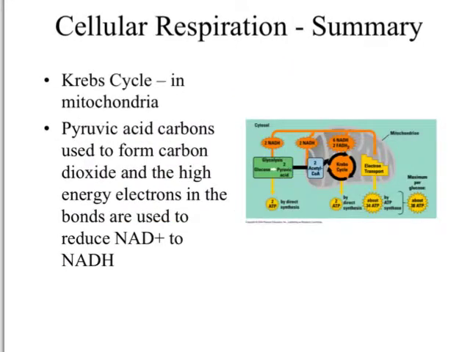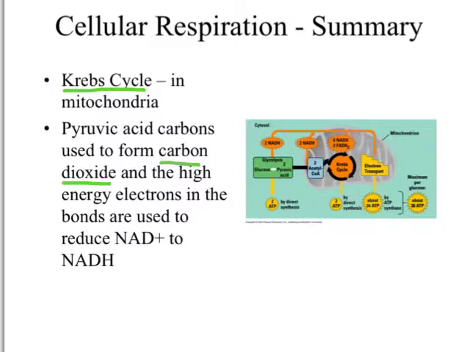Next, each pyruvic acid molecule gets into the mitochondria, where it's going to get dressed up to go into the Krebs cycle, which happens in the mitochondria. And this is where all of the rest of the carbon atoms are turned into carbon dioxide.